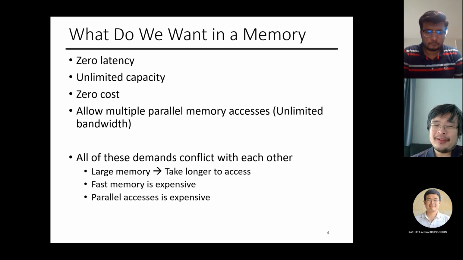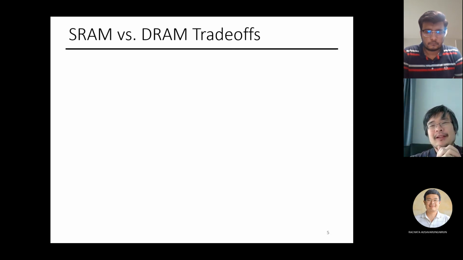Fast memory is also expensive. Parallel access is also expensive. Why are these expensive? Think about SRAM and DRAM. SRAM and DRAM these days are the primary elements that you can use to store data.